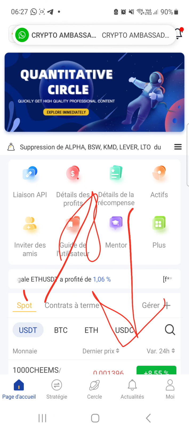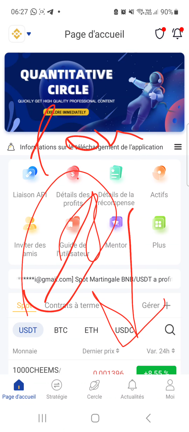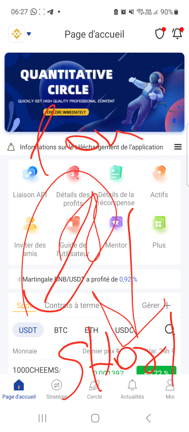The up direction is called long the market, and the short direction is called short the market. So when the market is falling down, you are expecting to make profit, and if it's going up, you are also expecting to make profit.